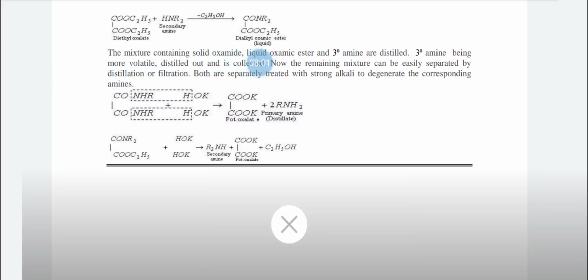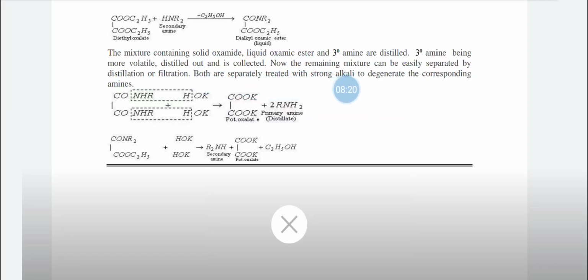Now the mixture contains a solid and a liquid, and also the tertiary amine, which can be distilled. The tertiary amine being more volatile is distilled out and collected first. Now the remaining mixture can be easily separated by distillation or filtration.